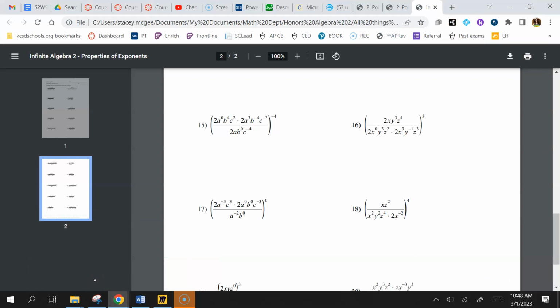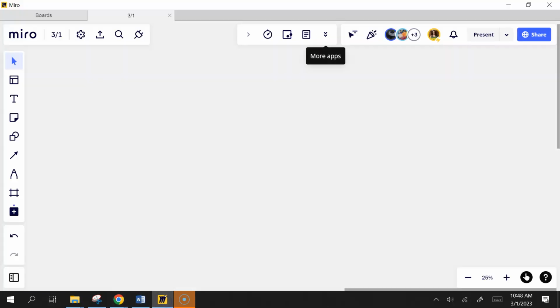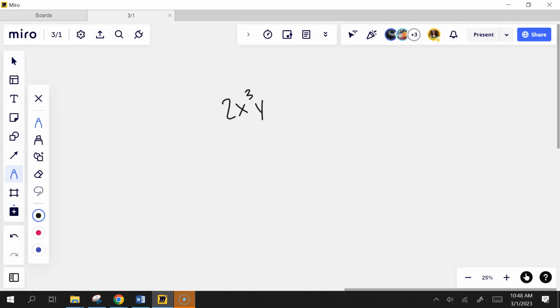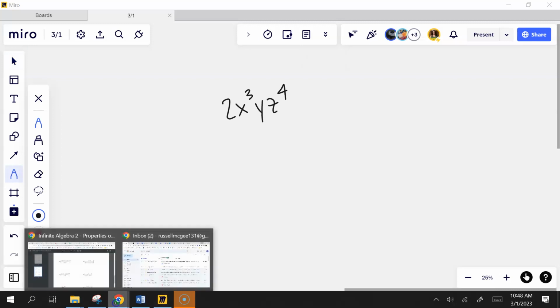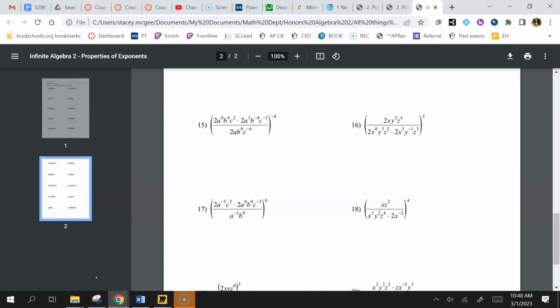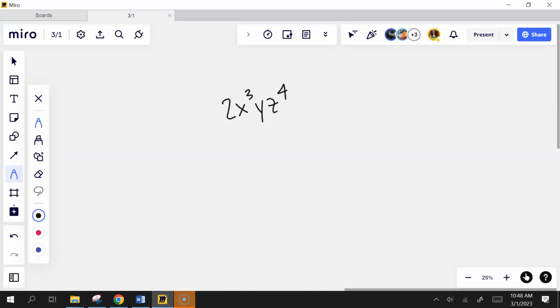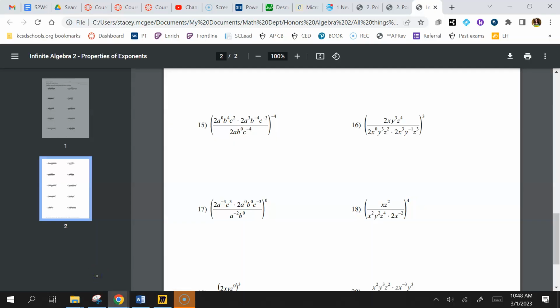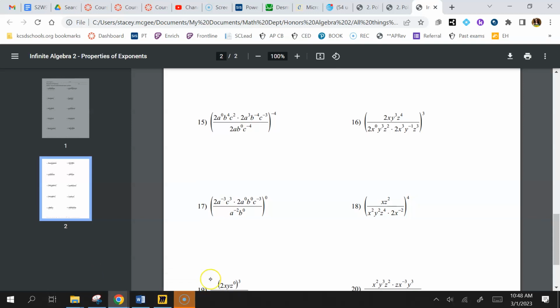You said 16? 2xy cubed z4. Xy cubed. See, I should be able to write on here like I can though.